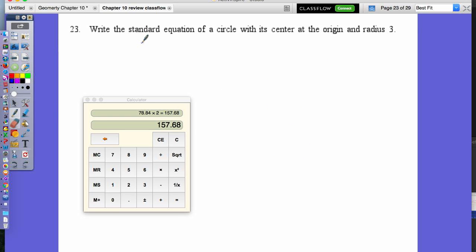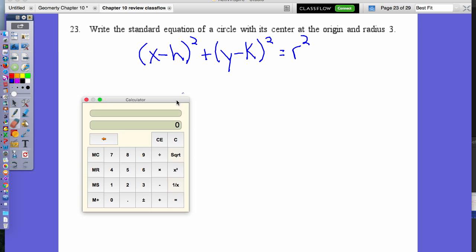Write the standard equation of a circle with its center at the origin and radius 3. So I need to remember that my standard form of a circle is x minus h, quantity squared, plus y minus k, quantity squared, equals radius squared.